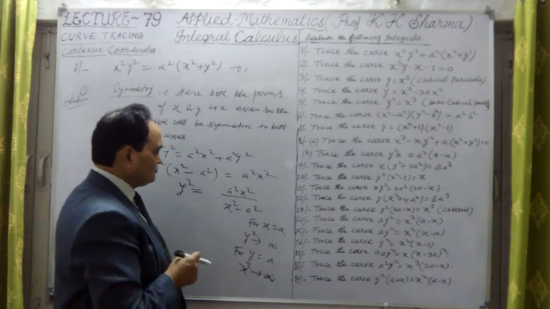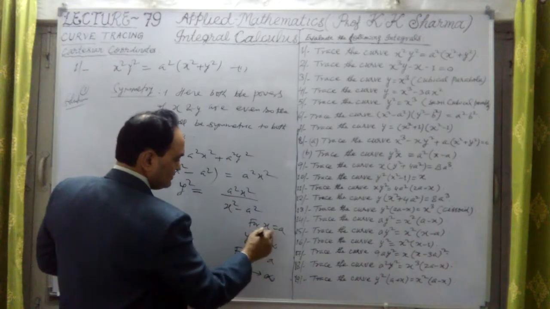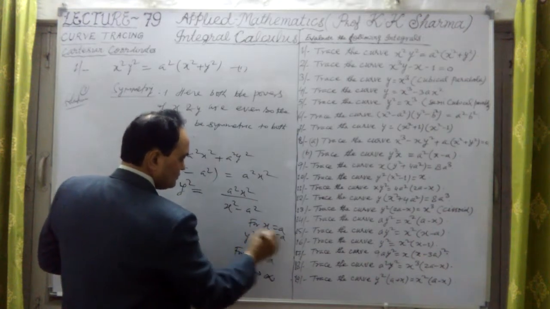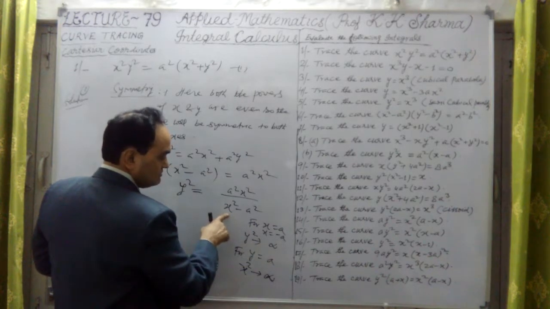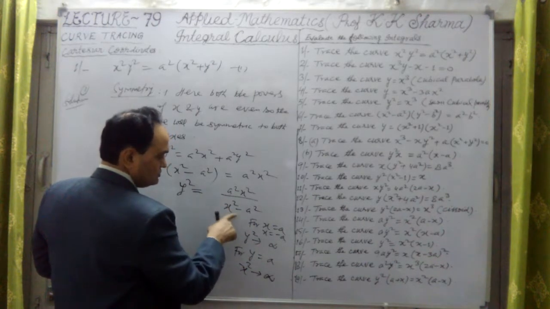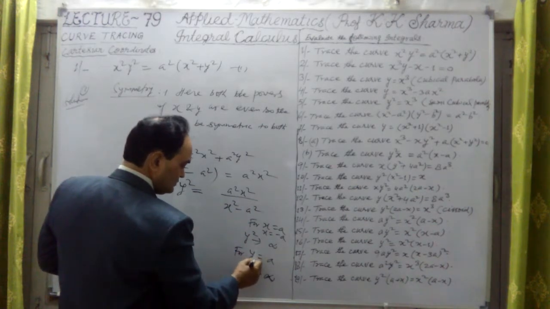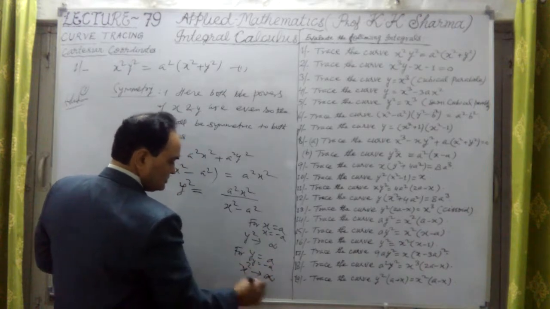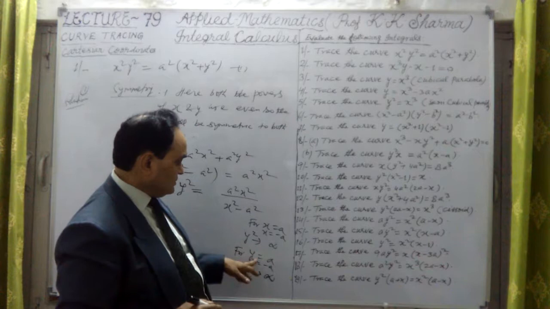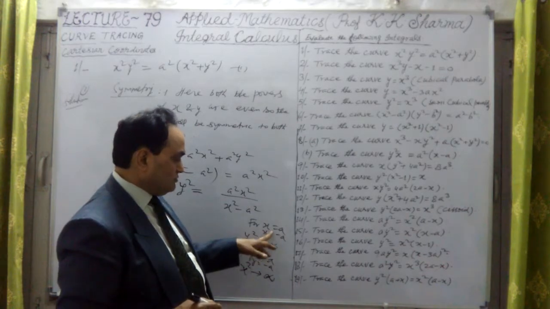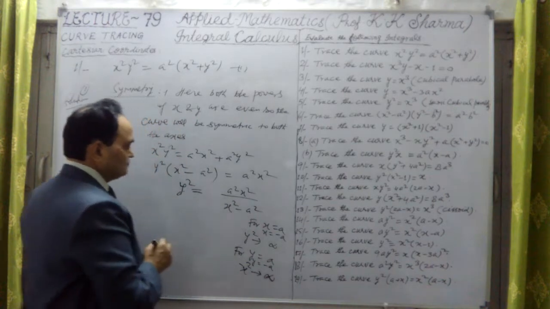If I put x equal to minus a also, for x equal to minus a also, y tends to infinity, because if I put minus a here, it is not defined. And for y equal to minus a also, x square tends to infinity. That means asymptotes are there at both x equal to plus minus a and y equal to plus minus a. There are two asymptotes here.